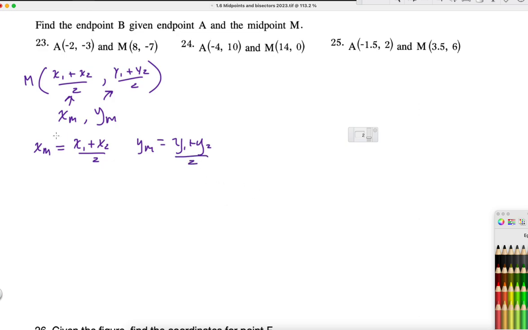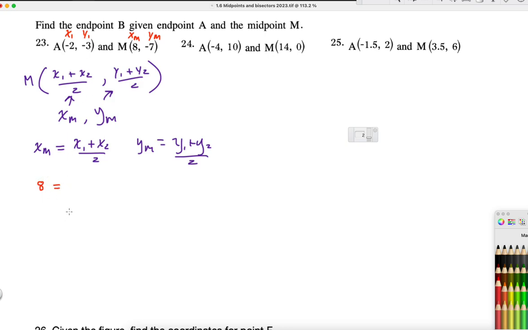So now, let's substitute here. Let's label the top here first. So let's call this A as our first point. So that's x1, y1. And the midpoint coordinates here, this is my x for my midpoint. I'm going to call that x sub m, and y sub m. So now let's substitute here. X of m is 8. 8 was the value of the average of the 2 x values.